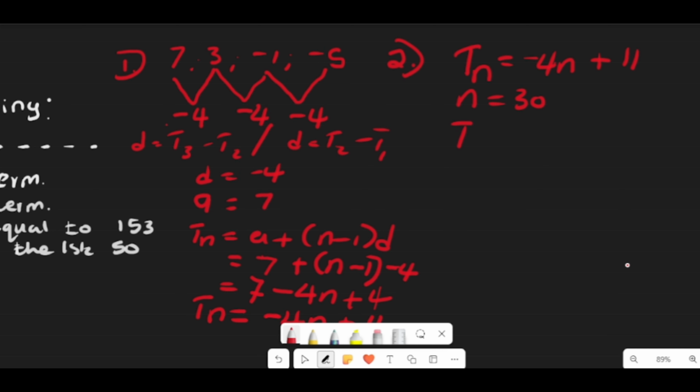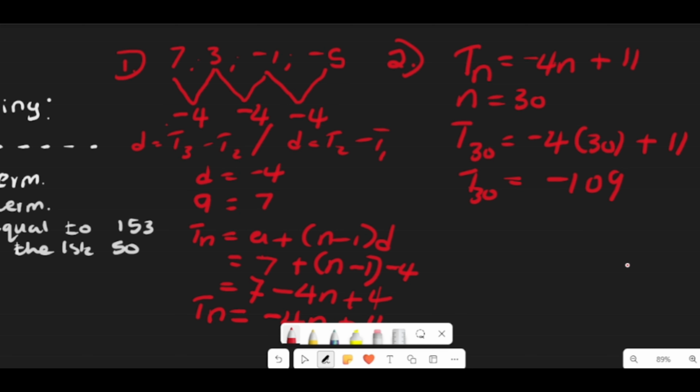Therefore, you just substitute 30 in the place of n: minus 4 multiplied by 30 plus 11. Put that in your calculator and this would give you negative 109. Please let me know if you get the same answer, and you can give us a comment in our comment section in case we made a mistake somewhere.